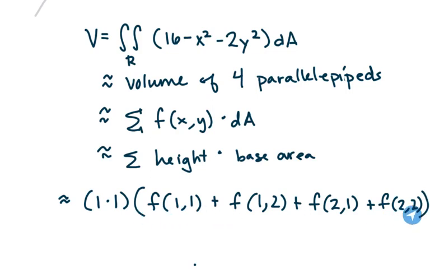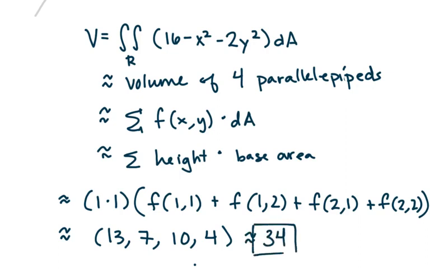So these are all my output, my z values, and I just plug each of those ordered pairs into my function. Of course, my base area, 1 times 1 is 1, so I don't really need that there. And my outputs I get are 13, 7, 10, and 4. That gives me approximately 34 for the volume.